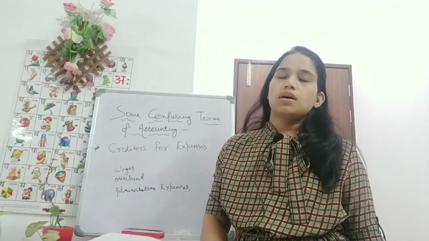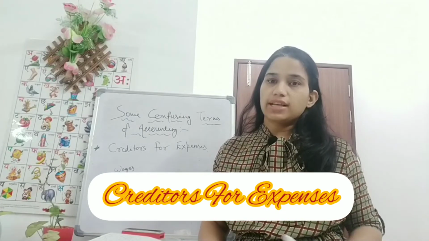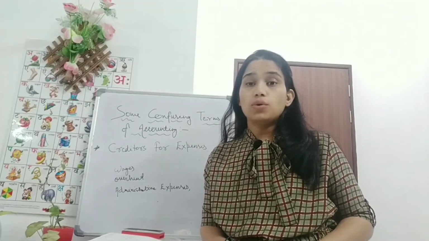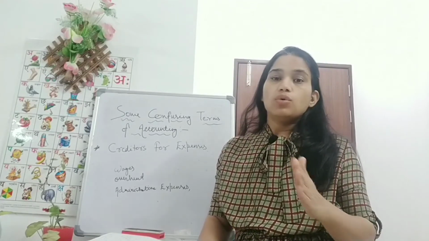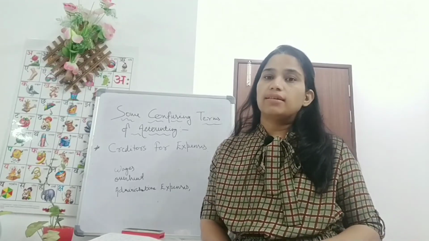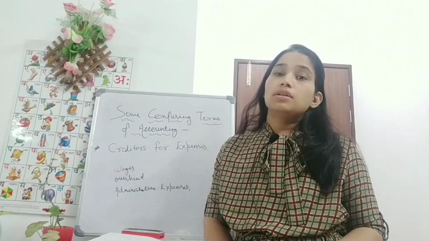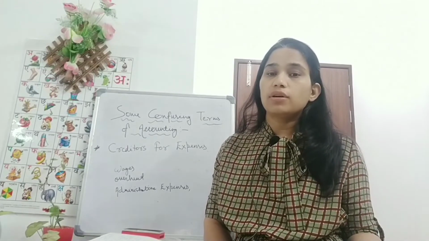Okay, so now let's discuss the term creditors for expenses. What is creditors for expenses? As we all know, who are creditors? Creditors are the people the company owes to. Mainly, everyone knows that creditors are the people who provide some money or raw material on credit to the company.